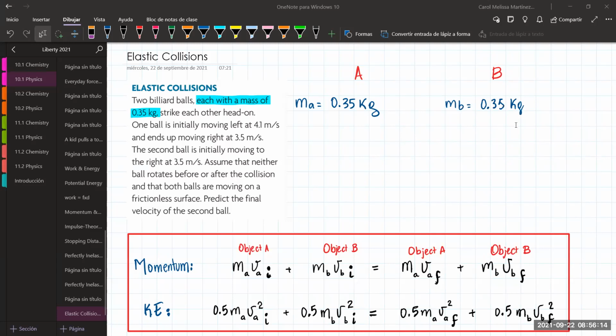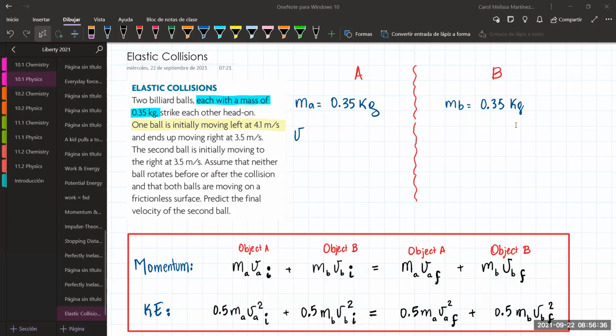Now, it says that the two billiard balls strike each other head on. One ball, now we're going to separate, okay? One ball is initially moving left at 4.1 meters per second. So right now I will start by separating the givens.